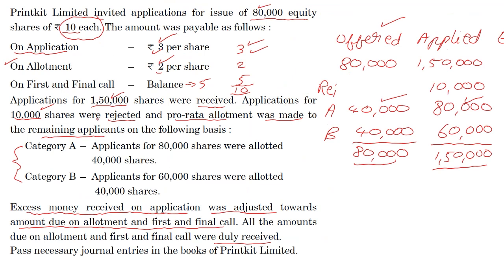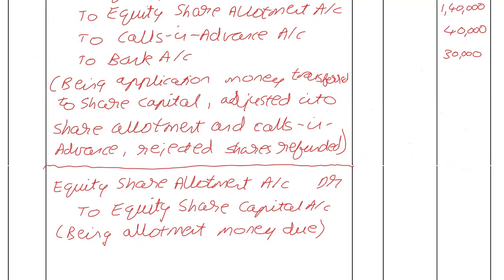As far as our allotment money is concerned, 2 rupees per share into 80,000 shares, 1,60,000. So 1,60,000 over here and 1,60,000 over here. And we draw the line.